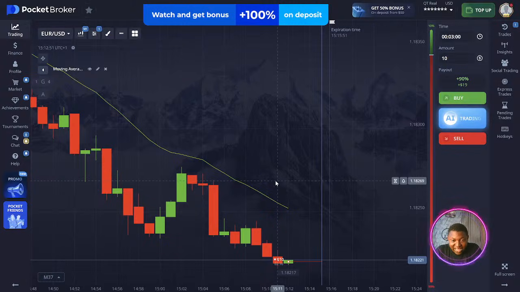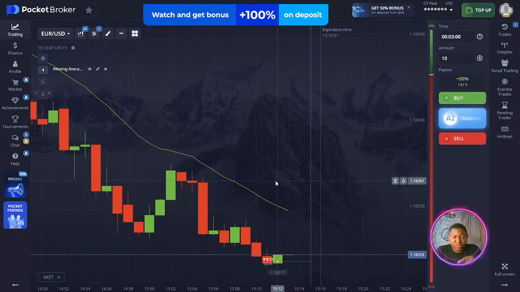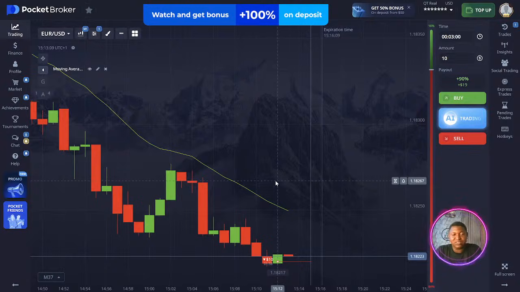You take your time, reanalyze and re-enter again. If your analysis is very strong, you can double your entry, which is the mitigate strategy. That mitigate strategy will recover the money back if the next trade wins.